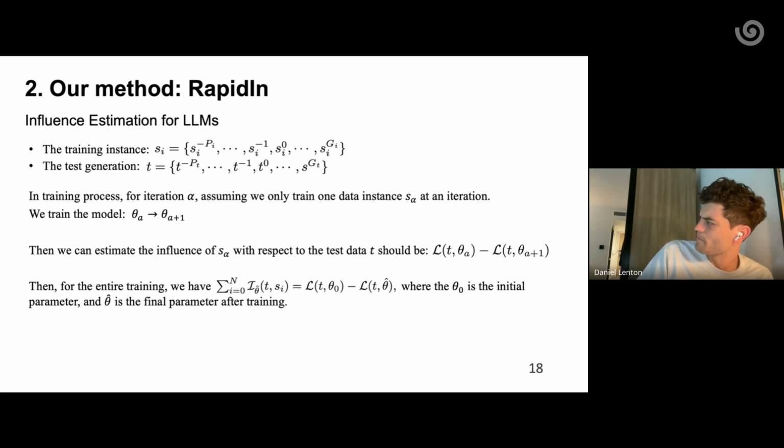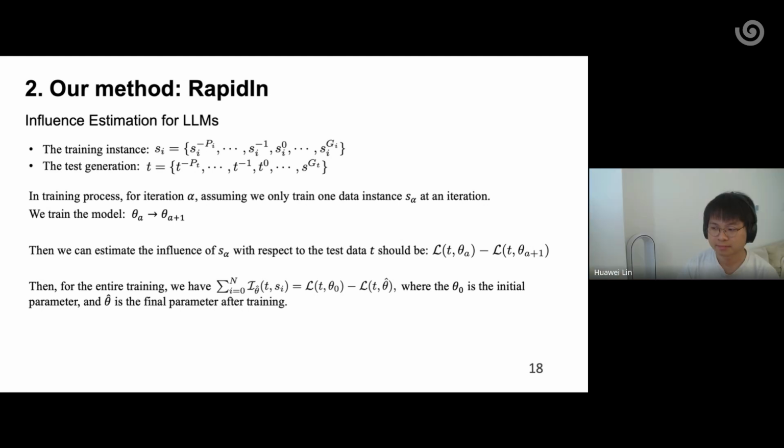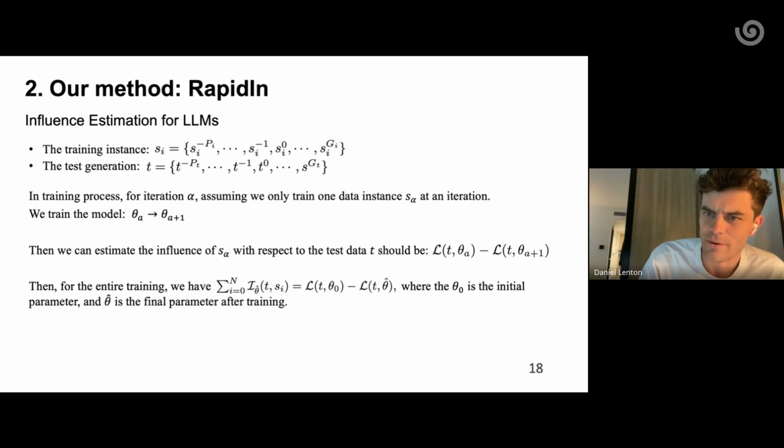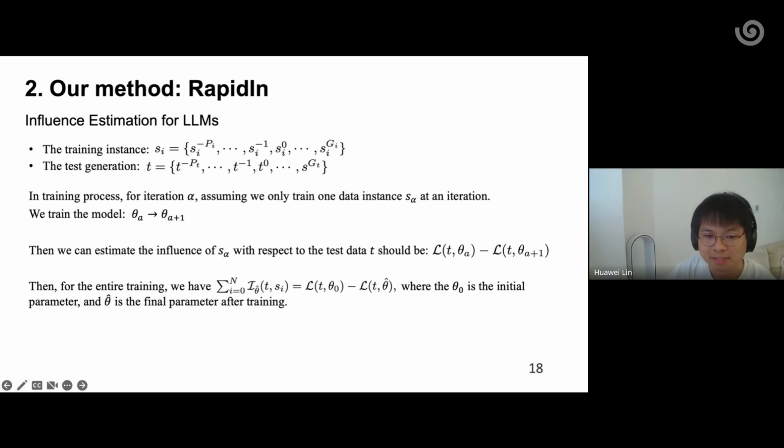This is basically computing the gradient with respect to that data instance effectively. Yeah, so it's similar to the first method you talked about, although that was second order. This is first order. Yeah, it's quite similar, but we also have another approximation later. Okay, got it. Makes sense.